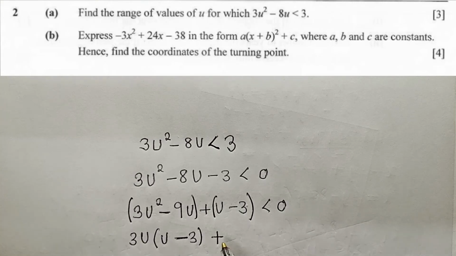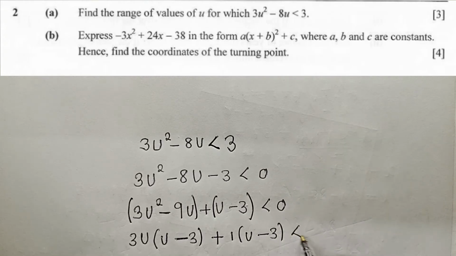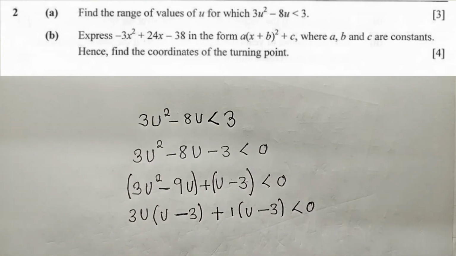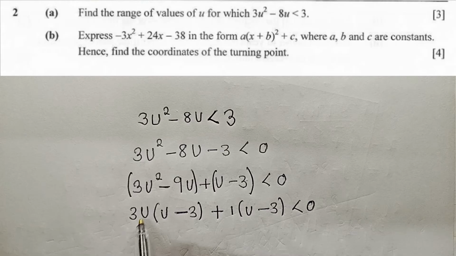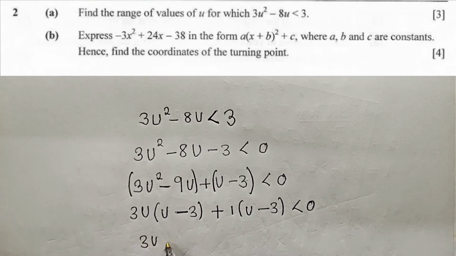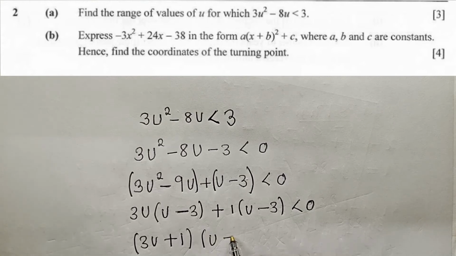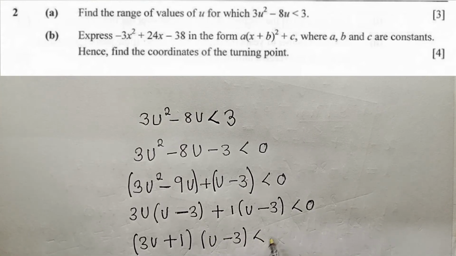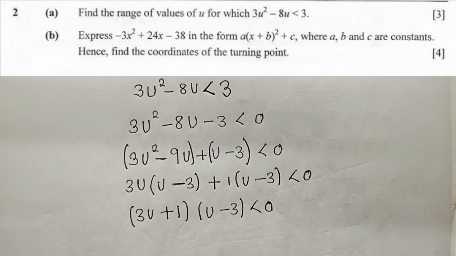Then we say plus. Here it's a 1 which is common, shall remain with u minus 3 less than 0. Okay. So the next thing here will be to get 3u plus 1, and then u minus 3 there less than 0. We are solving for u.